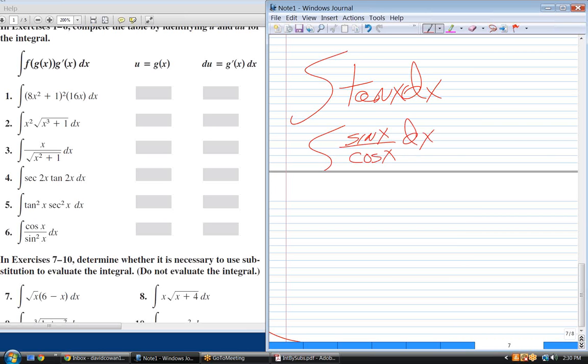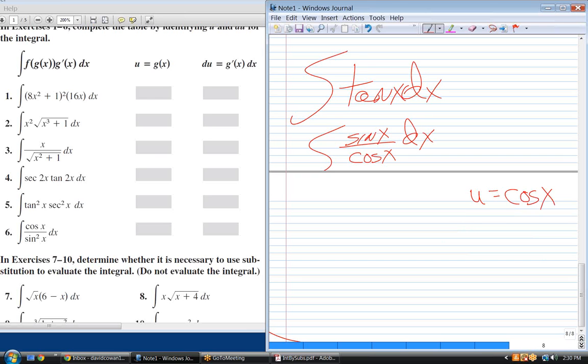Now, what would I let u equal to? Remember that the derivative of u is going to end up in my denominator. So what am I going to let u equal to? 1 over cosine x? Just cosine x. Just cosine x? Yeah.